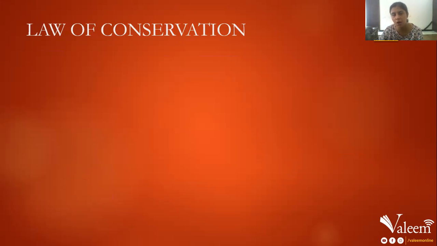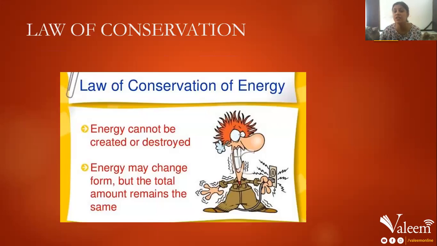What is the law of conservation? Energy cannot be created and it cannot be destroyed. Energy starts from a chemical store, is converted into a transfer, and then goes into the atmosphere. But it's never destroyed. It always remains there until it again becomes an energy store. So basically it's a complete cycle.